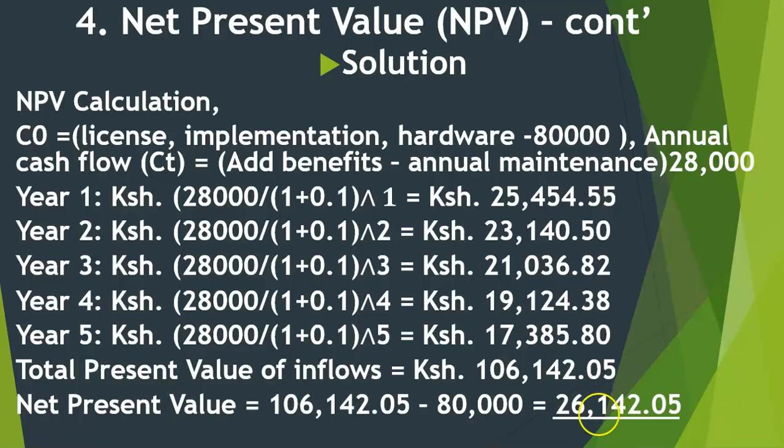So the net present value is giving you this 26,142. This measure is a bit more accurate compared to other calculations that you might have done, like the cost benefit analysis. And that is how you do the present value calculation.